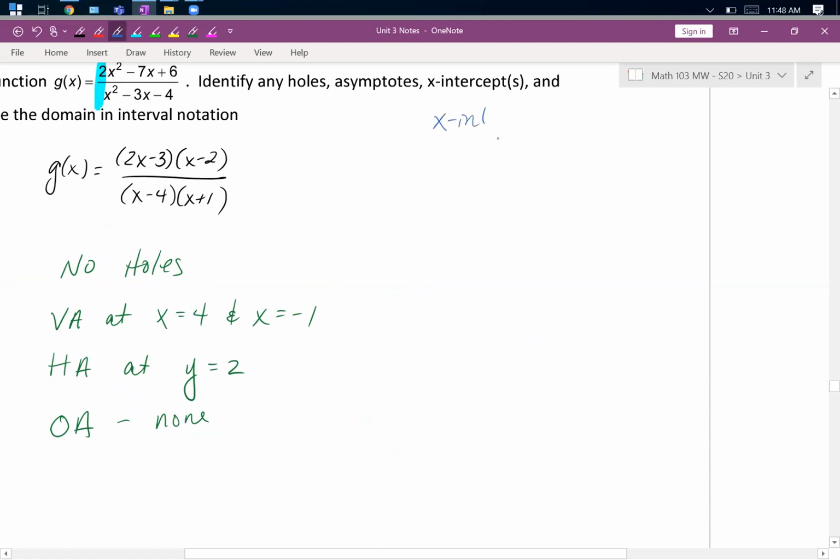Next up, we're looking for x-intercepts. To find any x-intercept ever in our lives, we let y be equal to 0 and solve for x. So we get 0 equals 2x squared minus 7x plus 6 over x squared minus 3x minus 4.